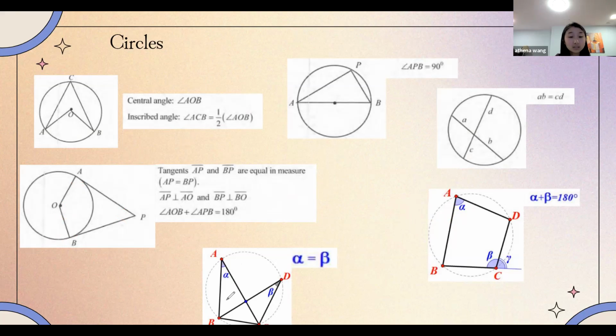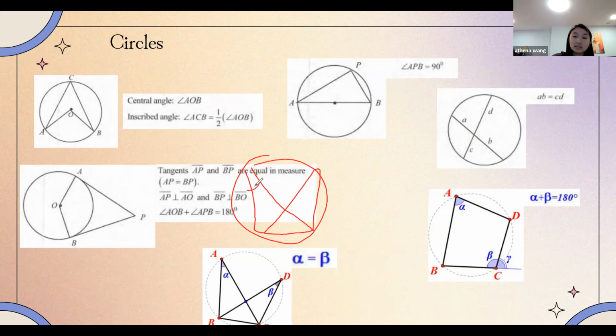Okay, for our next one, this is a very, very common one. If we have these angles like this, this angle is equal to this angle. The reason for that is just because of our first formula over here. They are both inscribed in the same arc.